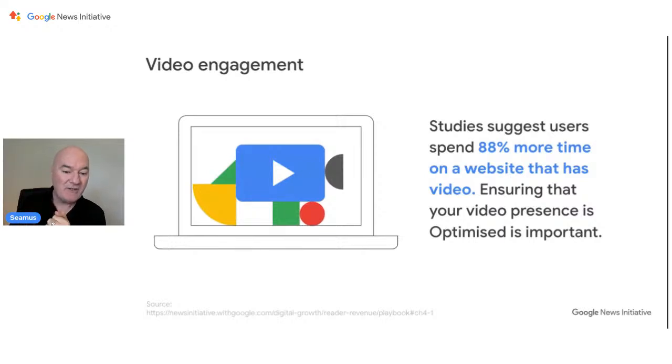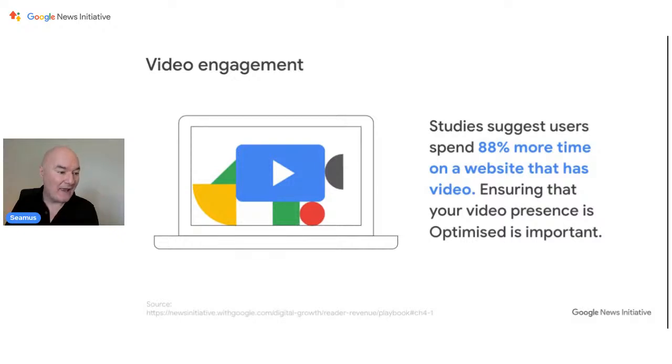Making sure that the video player is easy, that we're not asking people to change resolutions or parameters, that it's a central focus when we're looking at a website, that it's not hidden away, we don't have to scroll, etc.